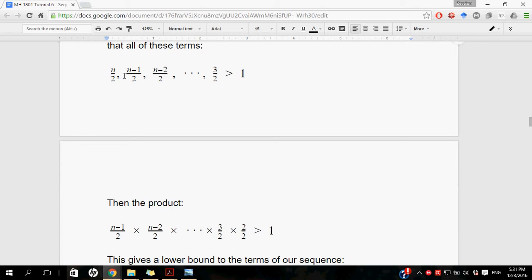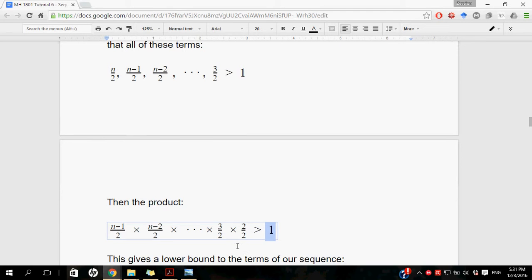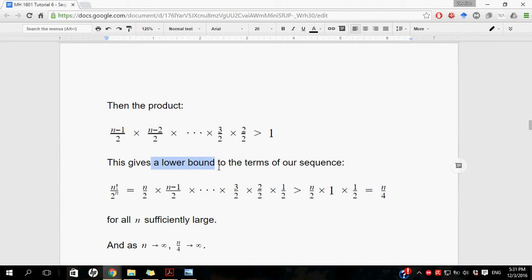Seeing that all of these numbers from n minus 1 over 2 to 3 over 2 are greater than 1, and they are also all positive numbers, it means that when we multiply all of them together, we should get a number that is also greater than 1. So this would provide us with a lower bound to the terms of our sequence. Let us see how we would do this.